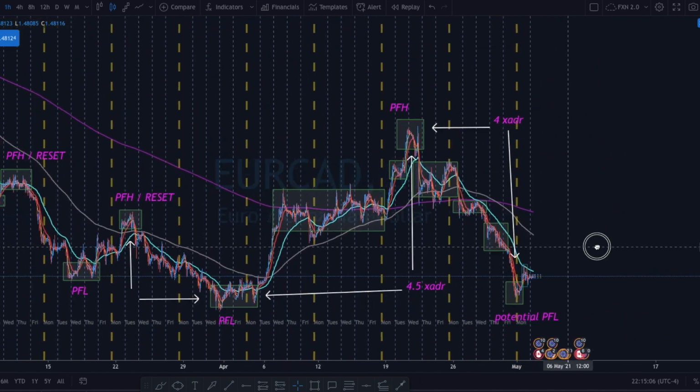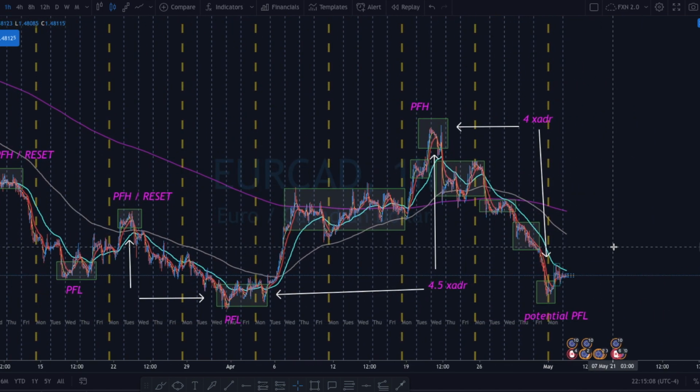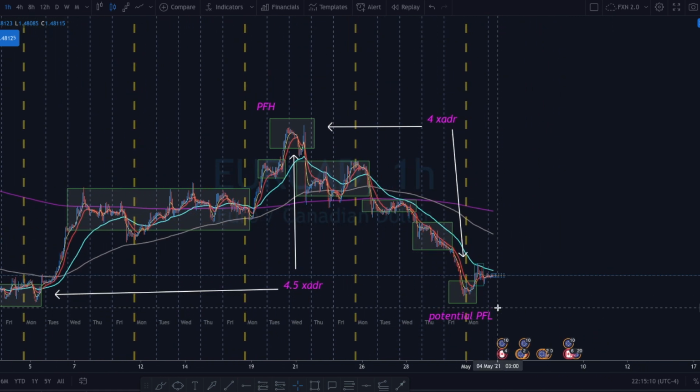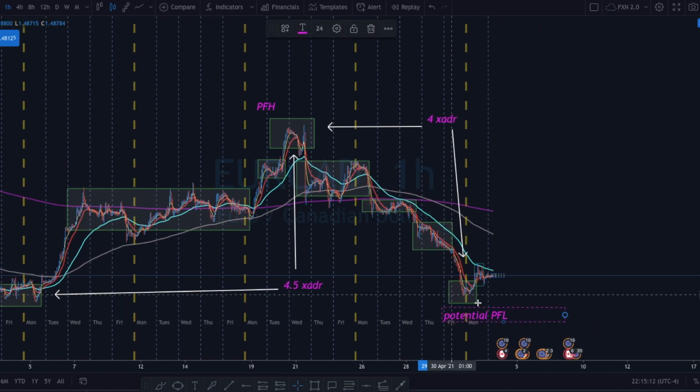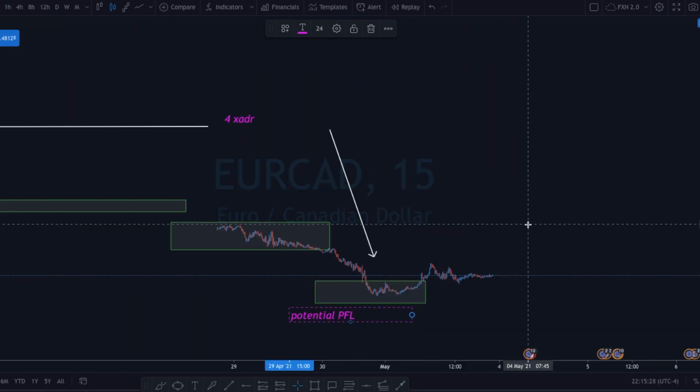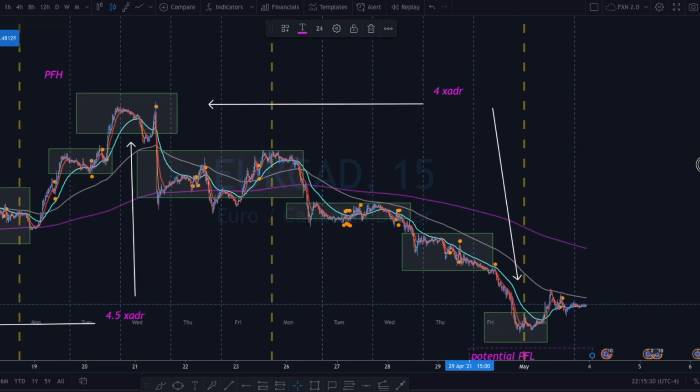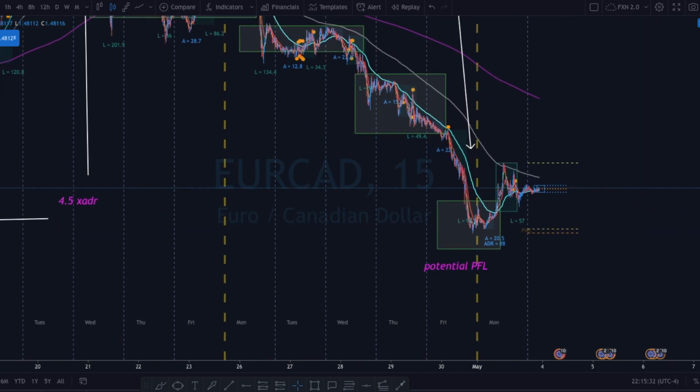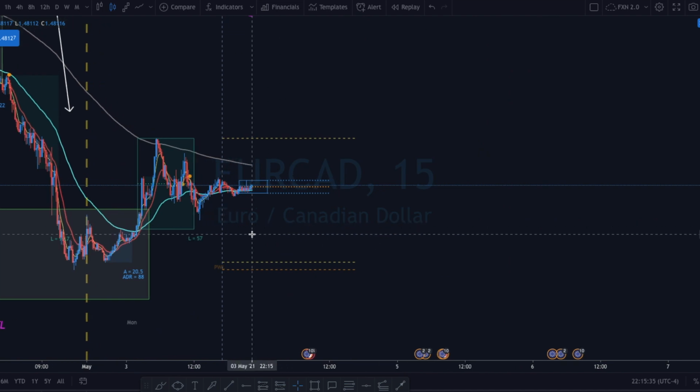So now what do you expect out of EuroCAD, for example? For me, if I'm thinking that this is potentially a peak formation low, obviously I'm looking for buys. I'm looking for reversals. What I'm going to do during the London session is I'm just going to wait and see, do I get any kind of a buy setup?